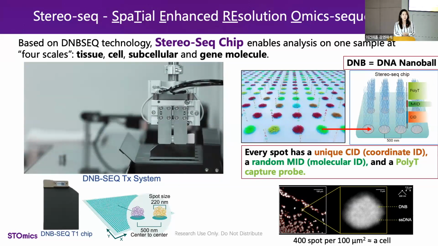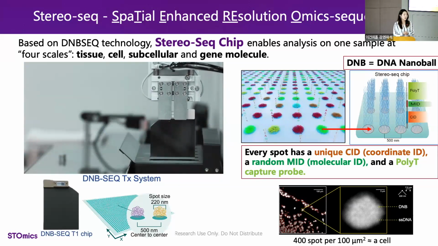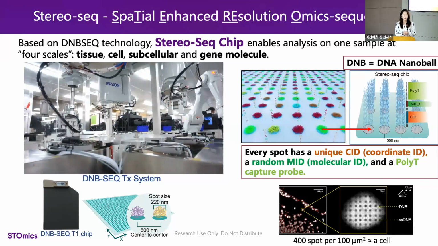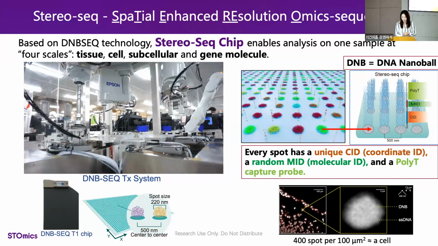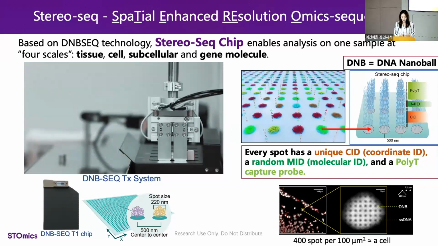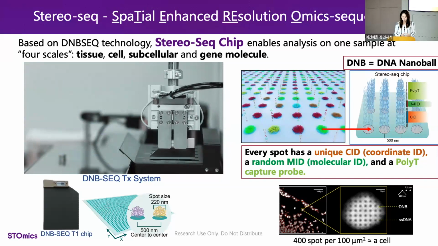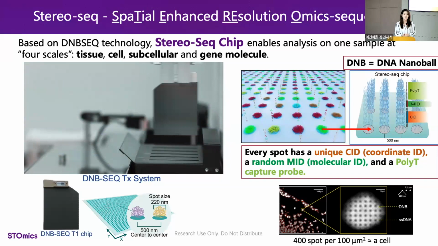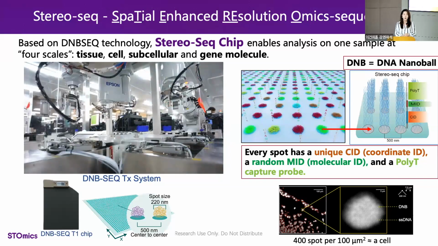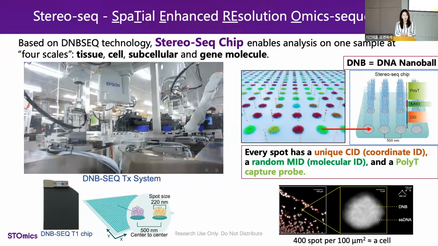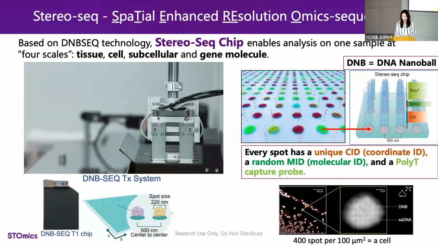These are really tiny DNA nanoballs at a size of 220 nanometers with a center to center distance of 500 nanometers. The spots on the chips are composed of a CID, a coordinate ID that can identify the spatial location of your mRNA transcript, and also a unique MID that's tagged to the molecular portion of the transcript you're interested in.